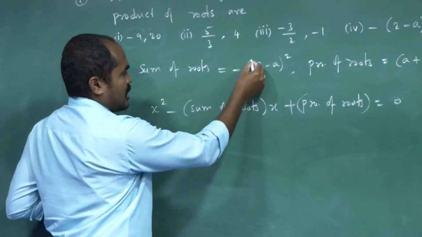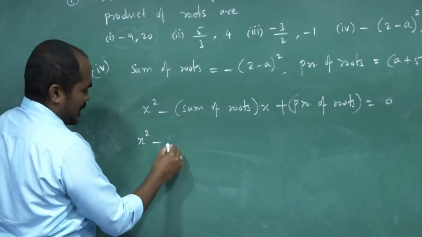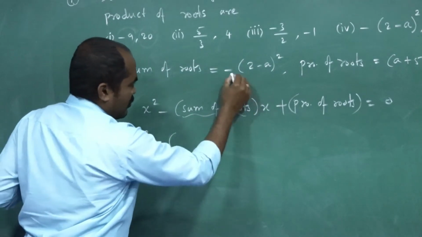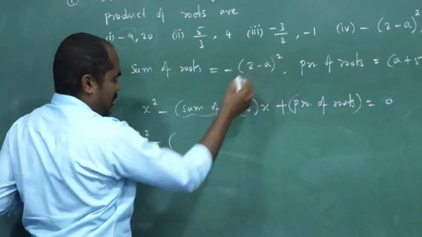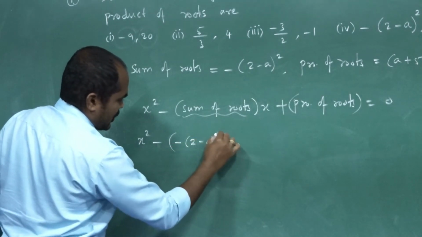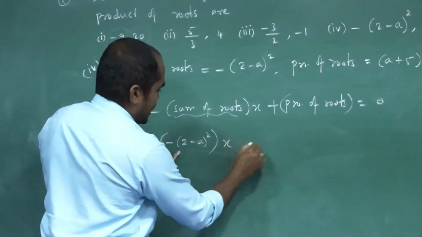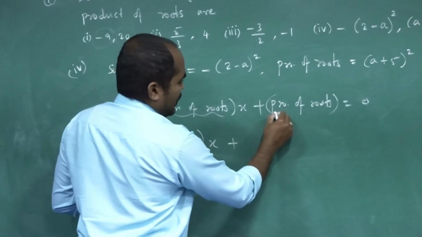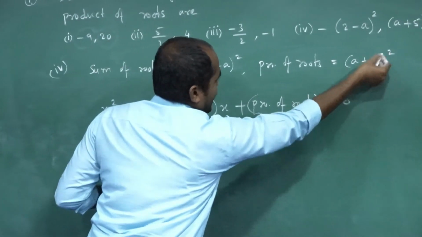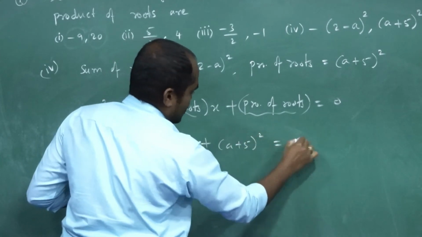So x² − (sum of roots, which is −(2 − a)²) into x, plus the product of roots, which is (a + 5)², equals 0.